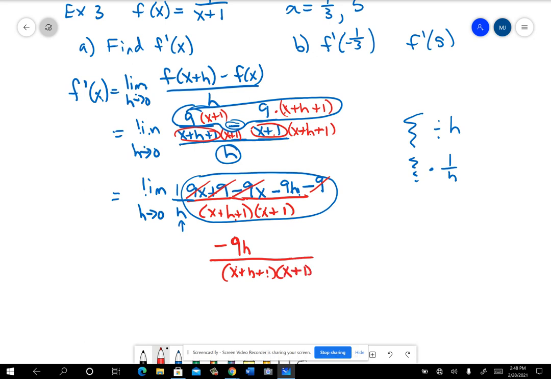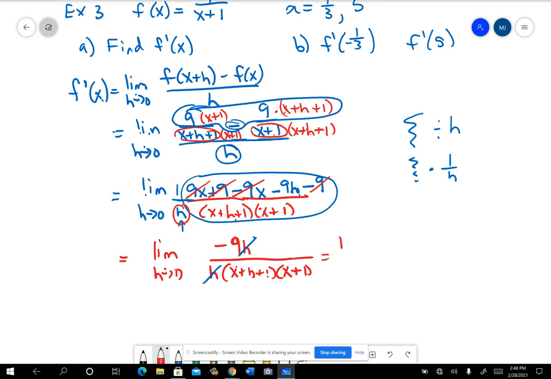But don't forget, you also have that h right there. And you still need to do the limit, but you're just not evaluating it yet. If you did it right now, you'd get 0, top and bottom. But see how the h's are going to cancel there? Not because I plugged in 0, but because there's an h on top and an h on the bottom.